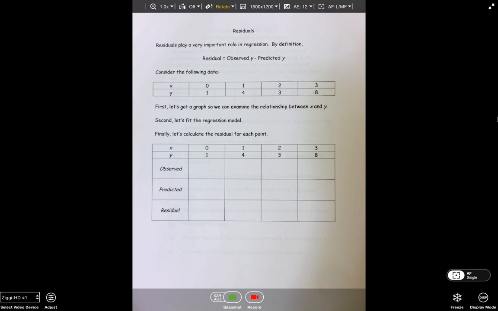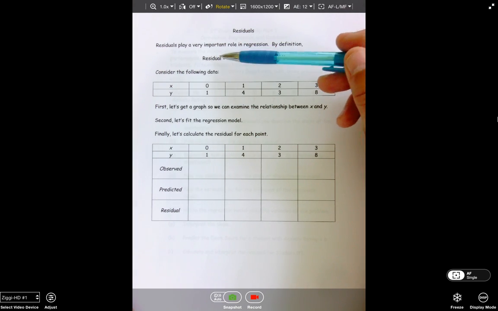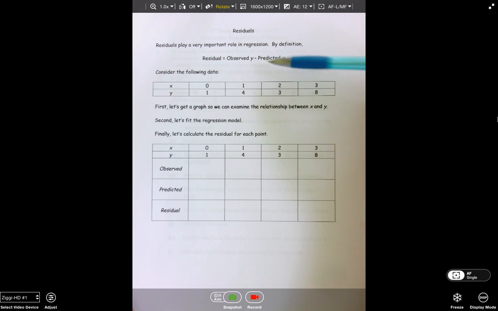We don't get into that as much here, but let's just learn the definition and keep it simple for Math 1500. The definition of a residual for a data point is the observed y minus the predicted y. The observed y is the y that we actually collected when we were collecting our data.